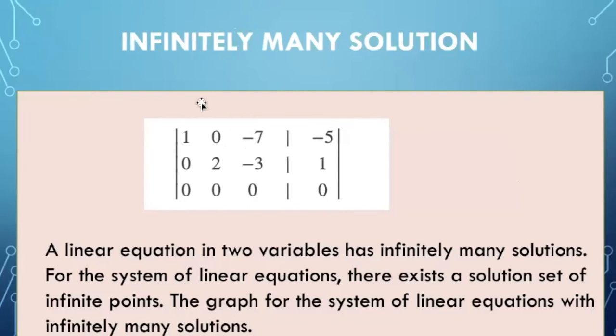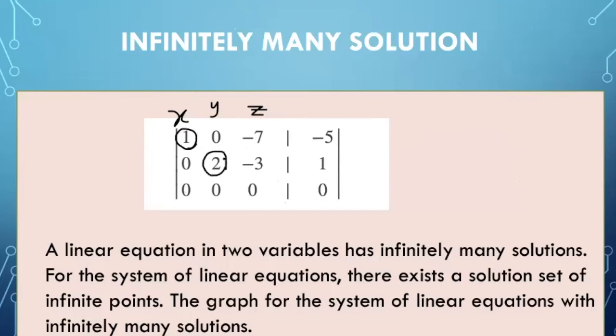We can have infinitely many solutions, and this occurs when we have all zeros in the third row. Just as before, I can call this the x column, y column, and z column. And this is the leading value in the first row.